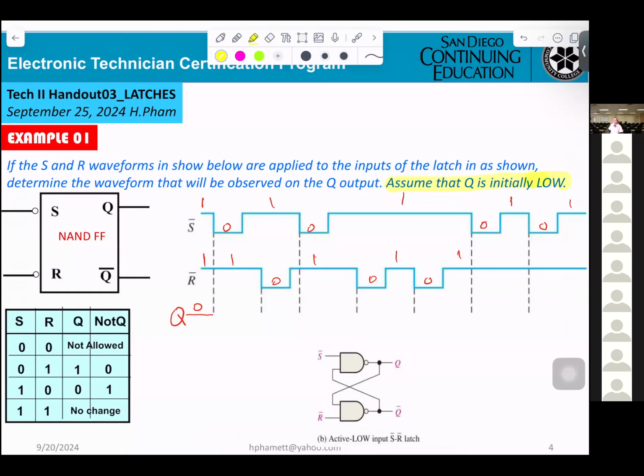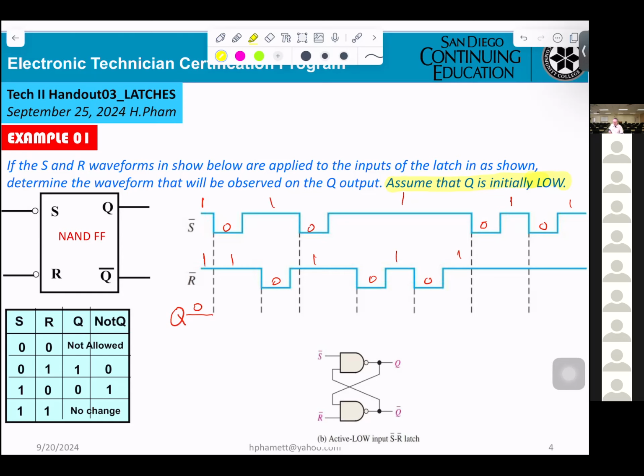You get that? Yes. Assume that Q is initially low.